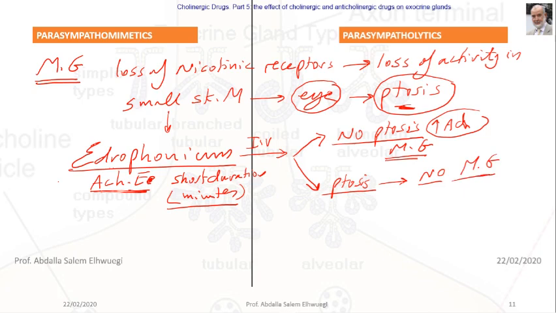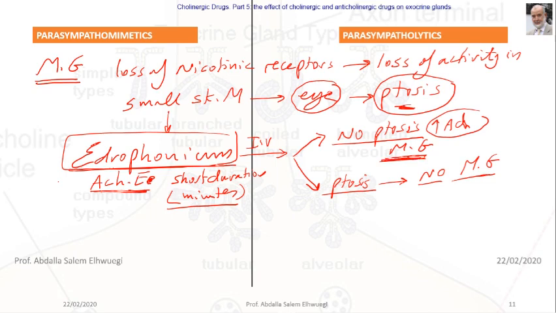So edrophonium is used for the differential diagnosis of myasthenia gravis. It is given intravenously. If quick improvement of ptosis takes place, this indicates that the person is suffering from myasthenia gravis. Why?